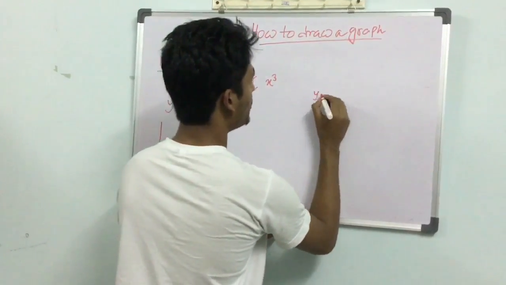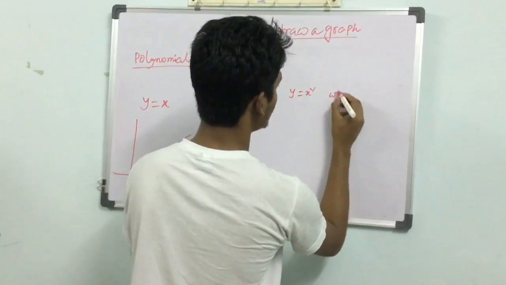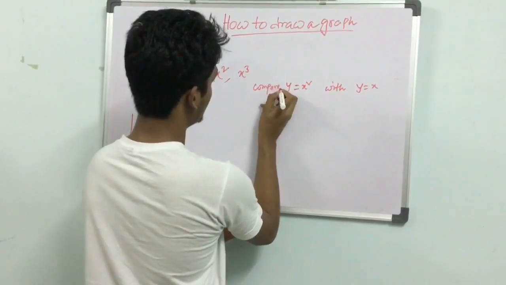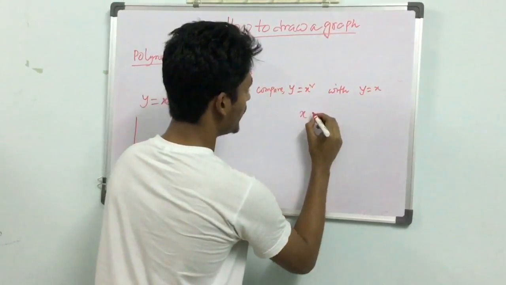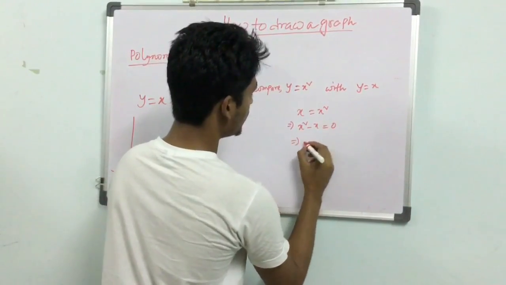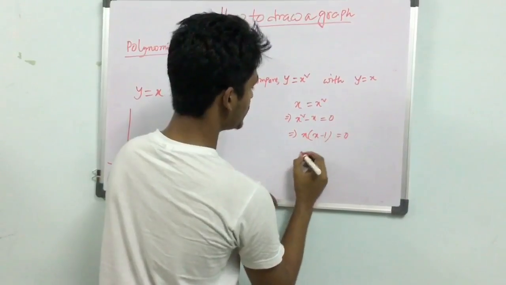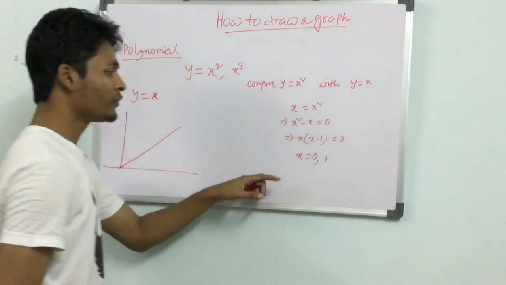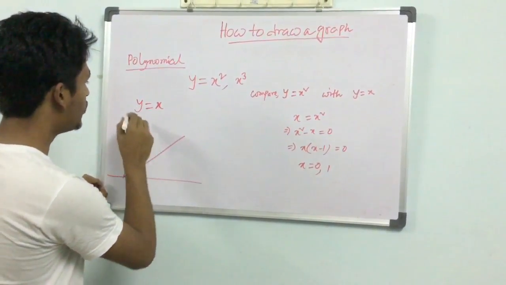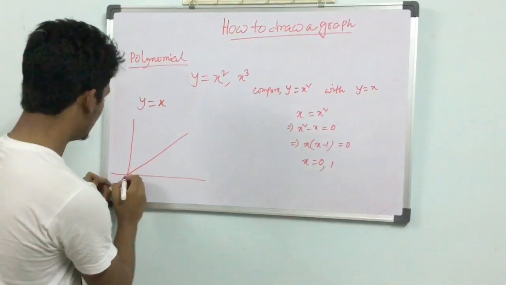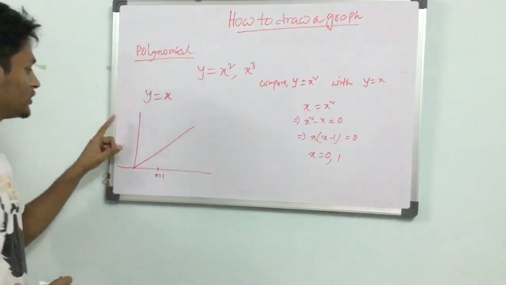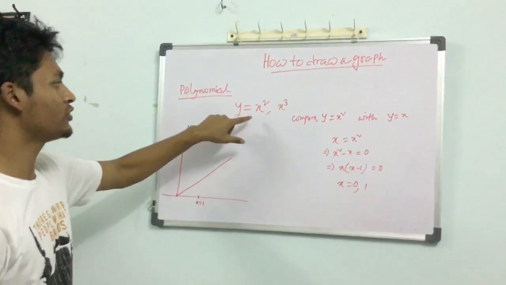So if I compare y is equals to x square with y is equals to x, okay, then what will happen? x is equals to x square, that is giving you x square minus x is equals to 0. That is x times x minus 1 is equals to 0, and x is going to give you 0 and 1. Okay, so the y is equals to x square plot will intersect the y is equals to x curve at x is equals to 0 and at x is equals to 1. Okay, so this is one piece of information about this plot, y is equals to x square.